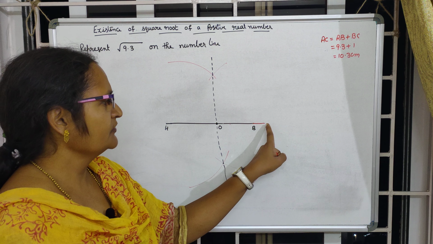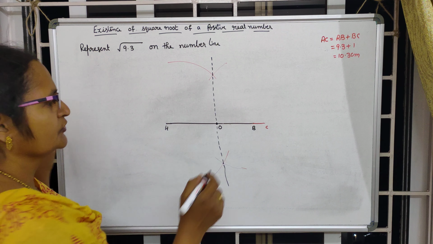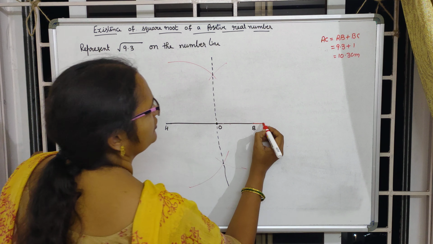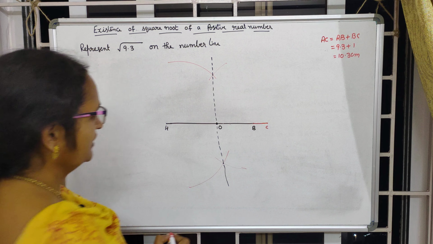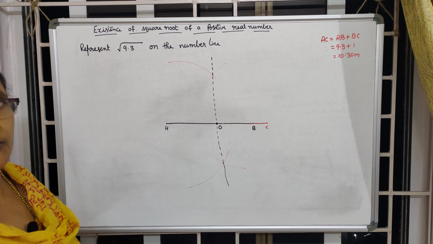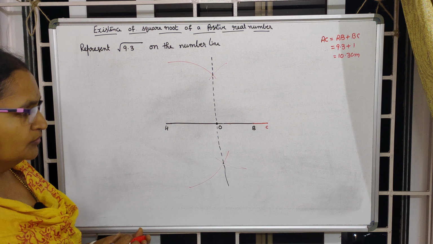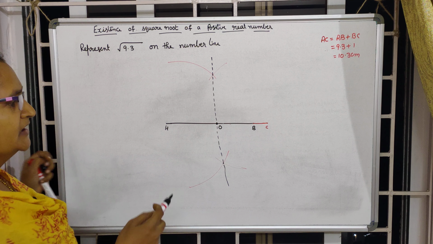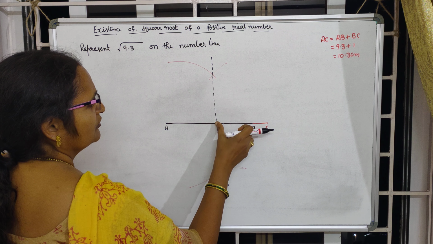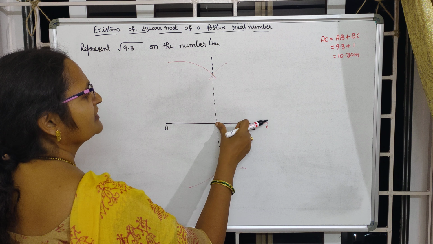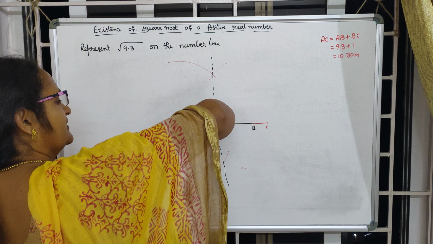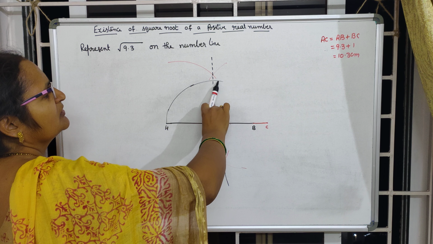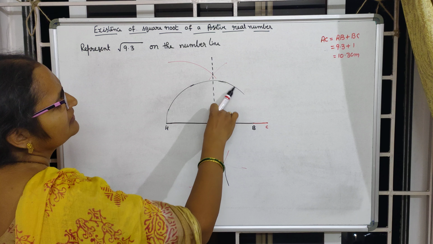Taking the same radius from point C, I cut off those two arcs, and those two arcs intersected. Those two points were joined and I got a line segment, and this point is O. Now I am going to draw a semicircle taking O as center, and OC or OA as radius. Both are the same.